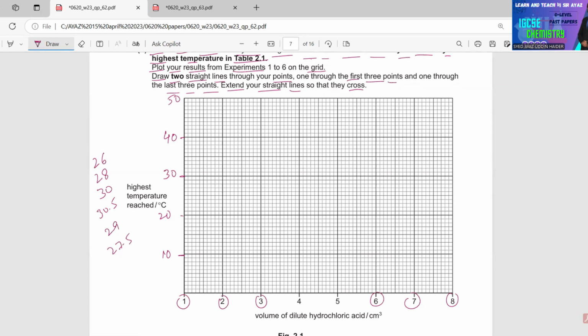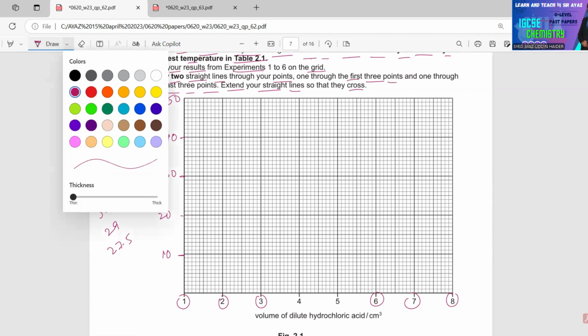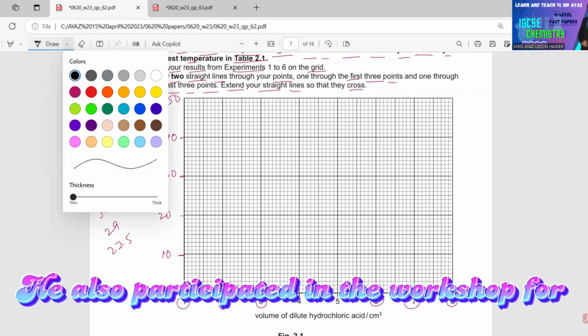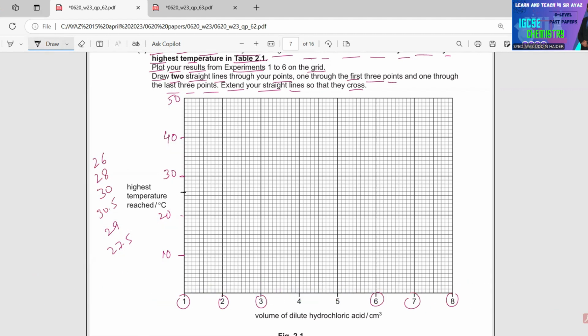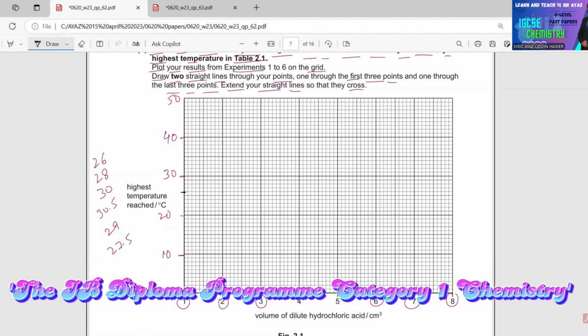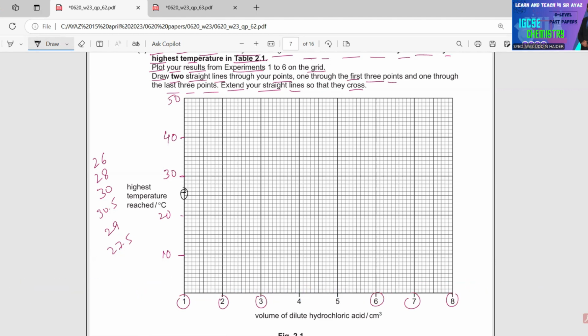So it must be here. 2, 3, 4, 5, 6. It must be here, 26. For what volume? 2, 28 degrees centigrade. It must be here. For 3, we have 30. Write it here, 30.